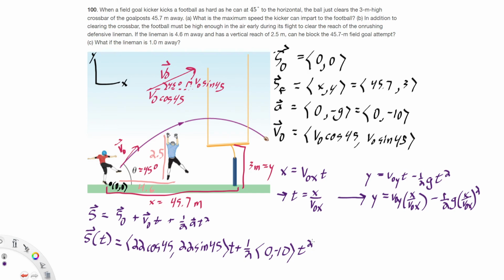So there's our full formula for position of the ball as a function of time.